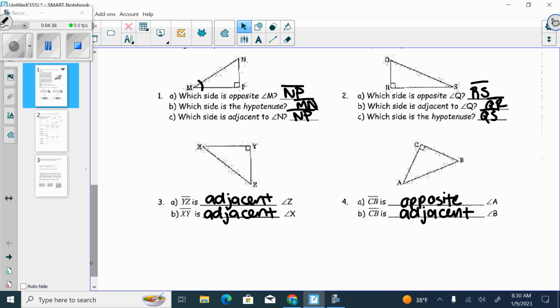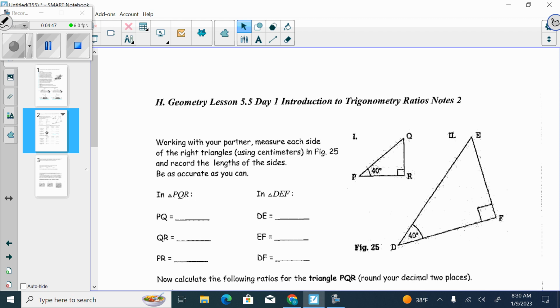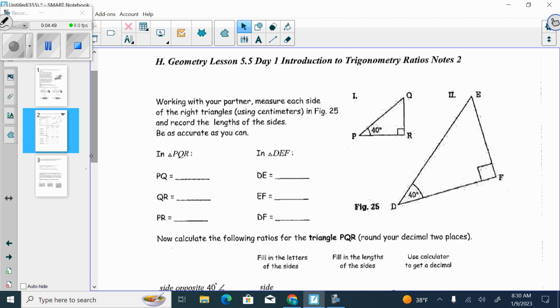Okay, so now that we can identify which sides are the opposite and adjacent sides, as well as the hypotenuse, if you'll flip it over onto the next page, it now says with your partner, you are going to measure each side of these 2 triangles using centimeters.